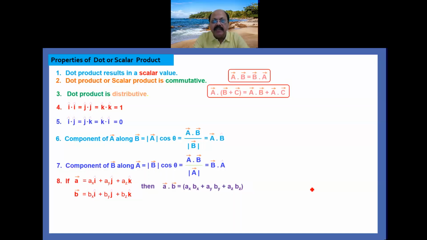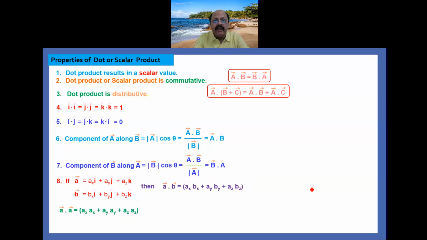Similarly, j cap dot j cap equal to 1, k cap dot k cap equal to 1, and the rest become 0. So that's why you will get a vector dot b vector equal to ax bx plus ay by plus az bz.